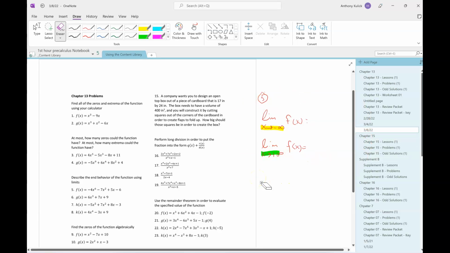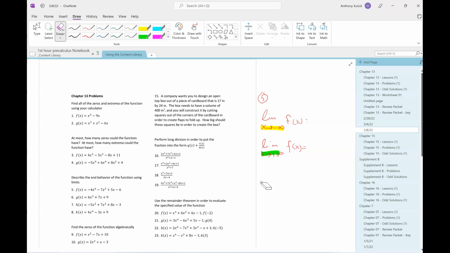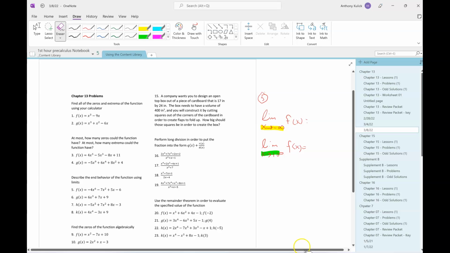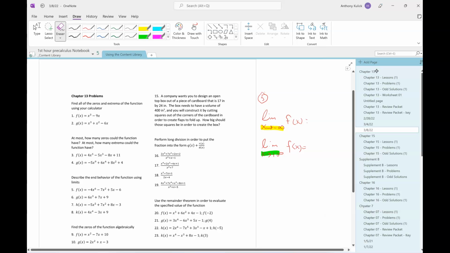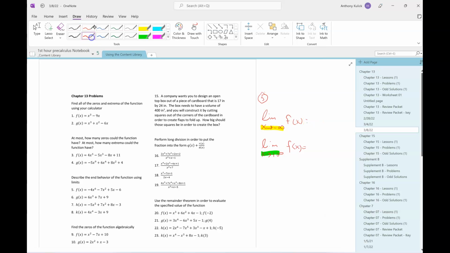I know that part's going to be there every single time for every polynomial function we're looking at. And then I'm just going to look at the graph. So I'm going to type that into my calculator and look at the graph. And since the left arrow is pointing down, we just say that this is equal to negative infinity.